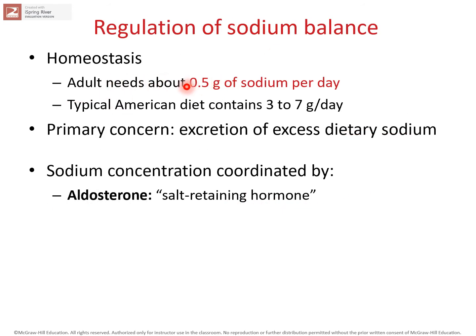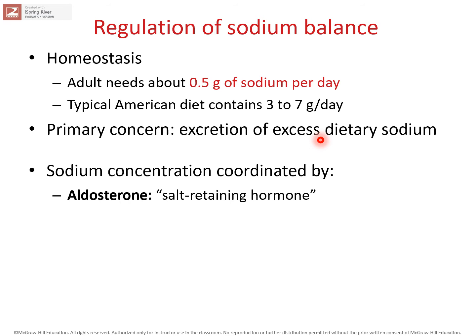Now, a normal human adult needs about 0.5 grams of sodium per day, but a typical diet in America consists of about 3 to 7 grams per day, which is really, really high. So the primary concern is excretion of dietary sodium. The only way you can lose excess sodium is to prevent reabsorption of sodium by the kidney.